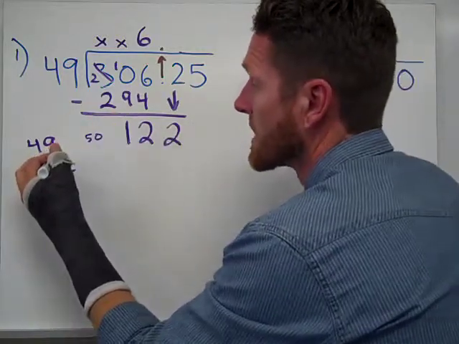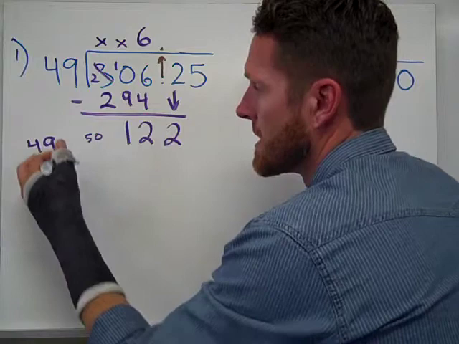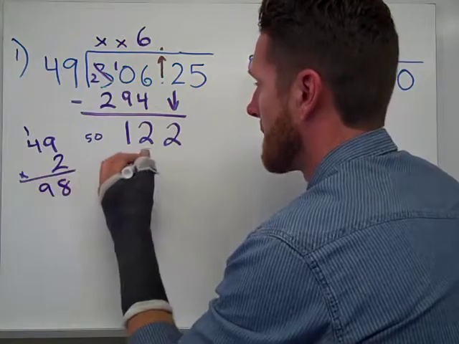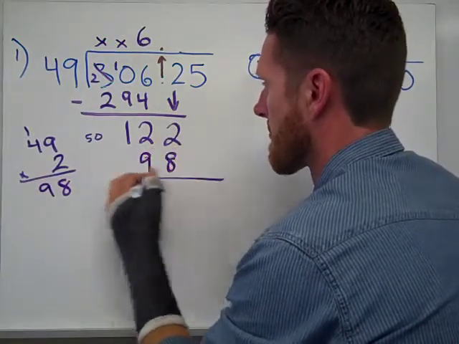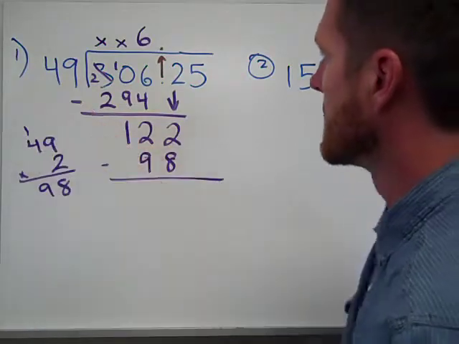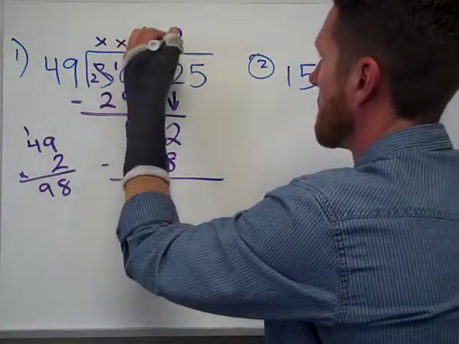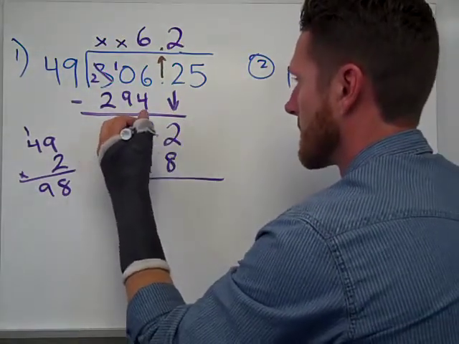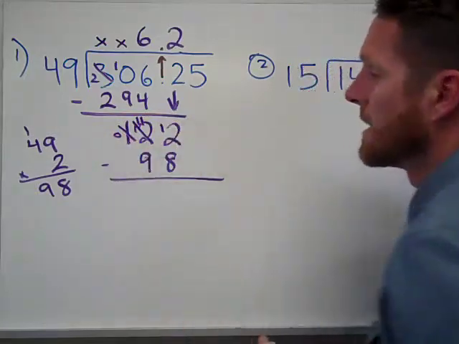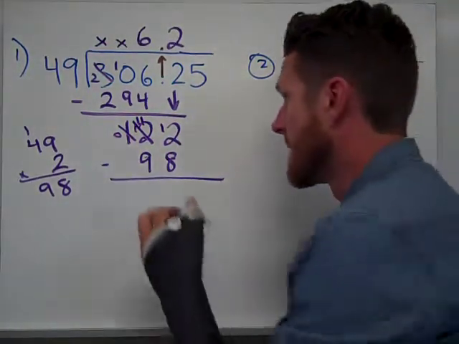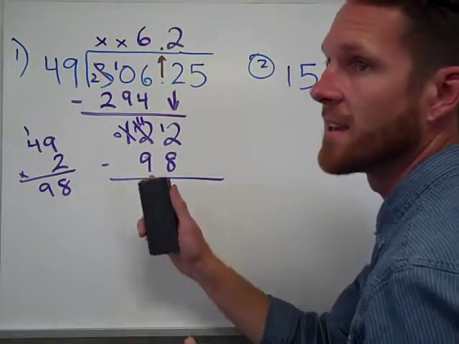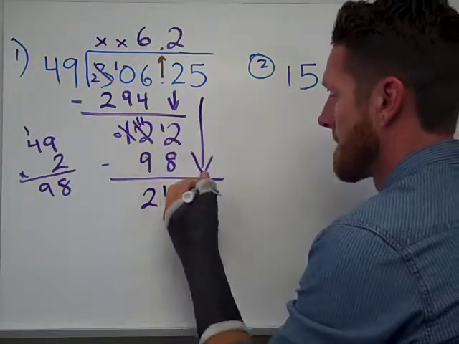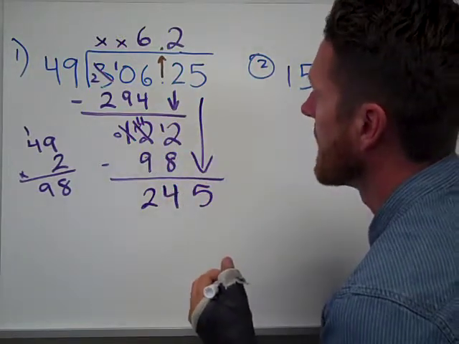So we're probably going to have to go with 2 because 3 is going to be too much. 9 times 2, 18. 4 times 2 is 8, plus 1, 98. Let's subtract. Oh, whoops, we forgot to put the 2 up here. 49 times 2 equals 98. Subtract. We got 12. We're going to take away 8. We have 11. We're going to take 9 away from 11. And then we're going to bring the 5 down. 245.